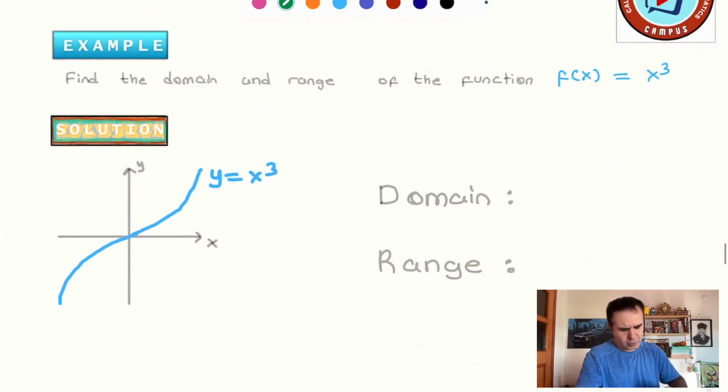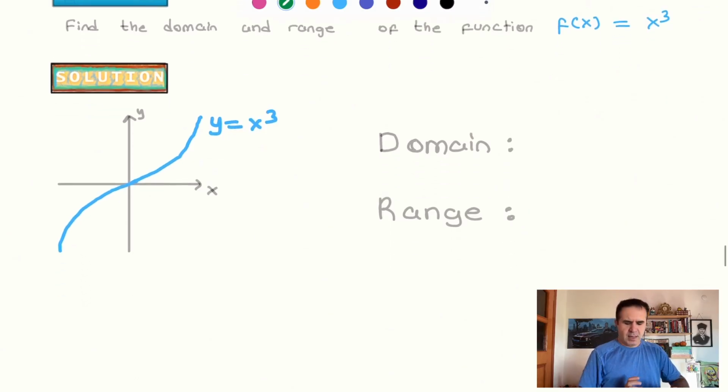And the third question, find the domain and range of the function f of x equals x cubed. Again, the domain of this function y equals x cubed is all real numbers. In other words, you can plug any real number into this function, and the function will always produce a valid output.